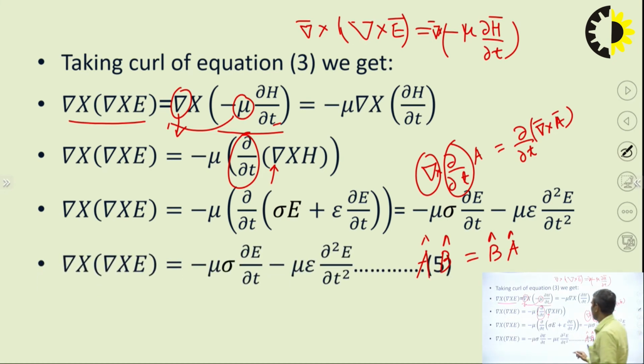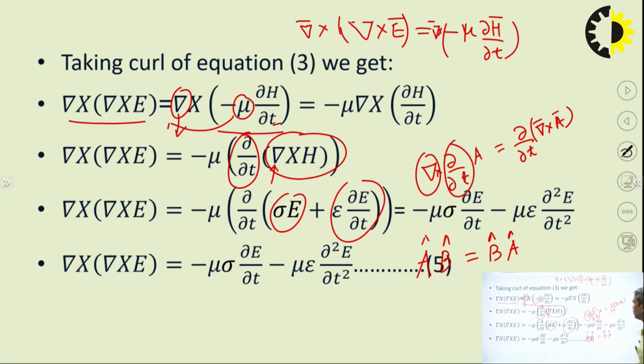So we have substituted the value of del cross H from equation 4th. So this is sigma E and this is epsilon del E by del T. So if we differentiate by del T, we get two terms: minus mu sigma into del E by del T minus mu epsilon del 2 E by del T square.